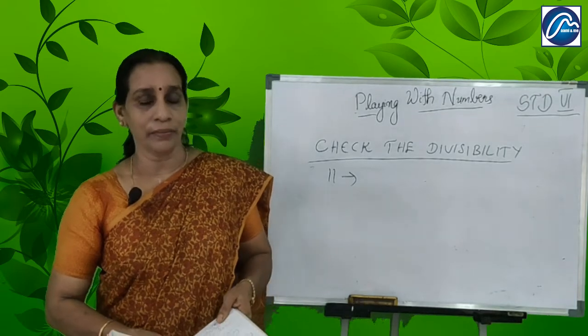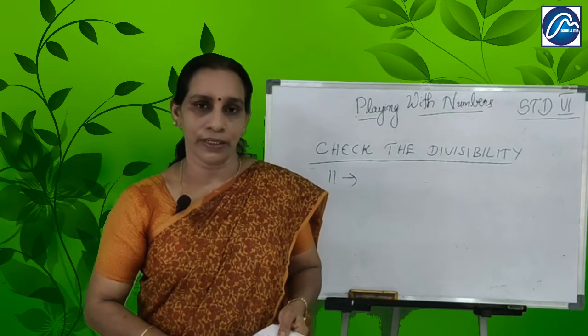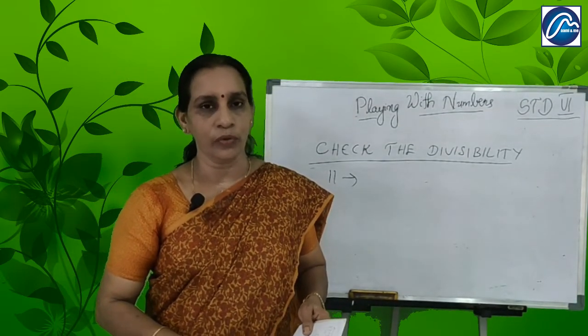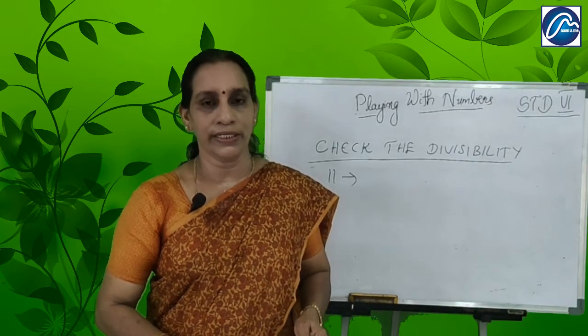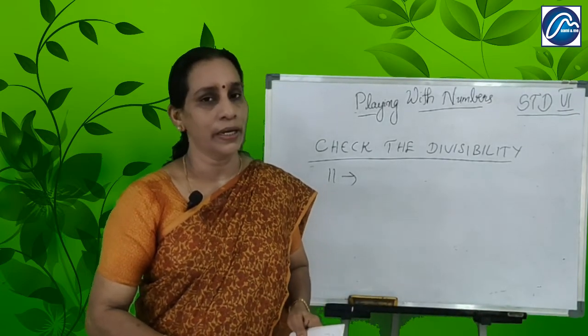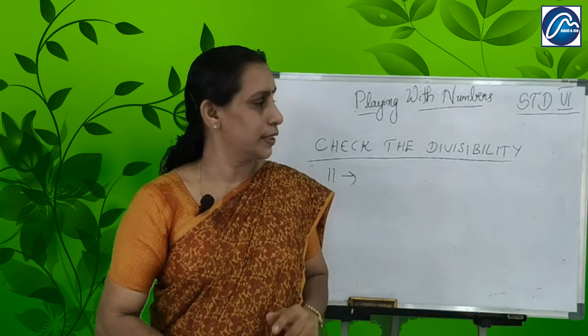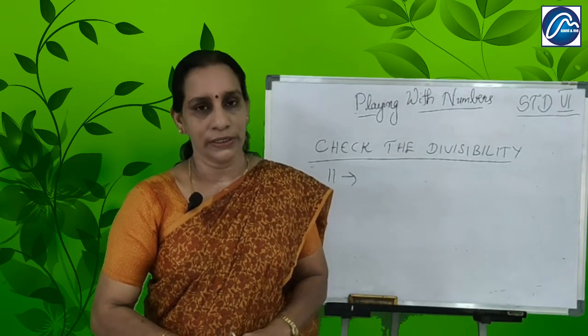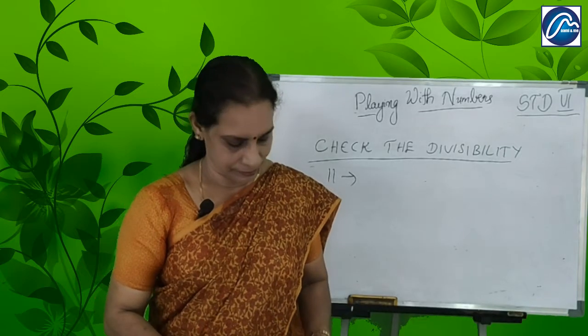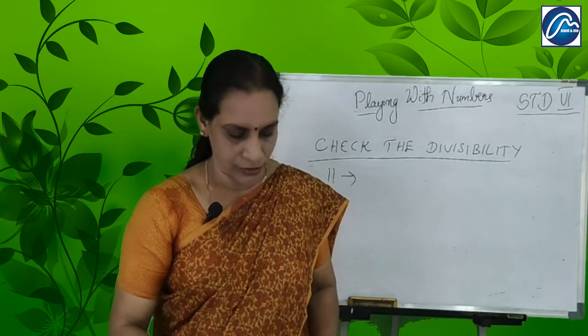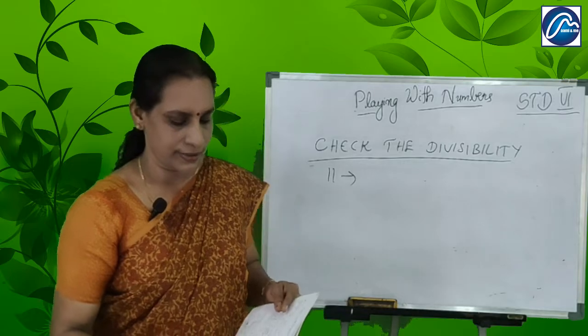But when we are given a bigger number, how will you find whether it is a multiple of 11 or not, okay. Whether it is a number which is a multiple of 11. Let us take an example.